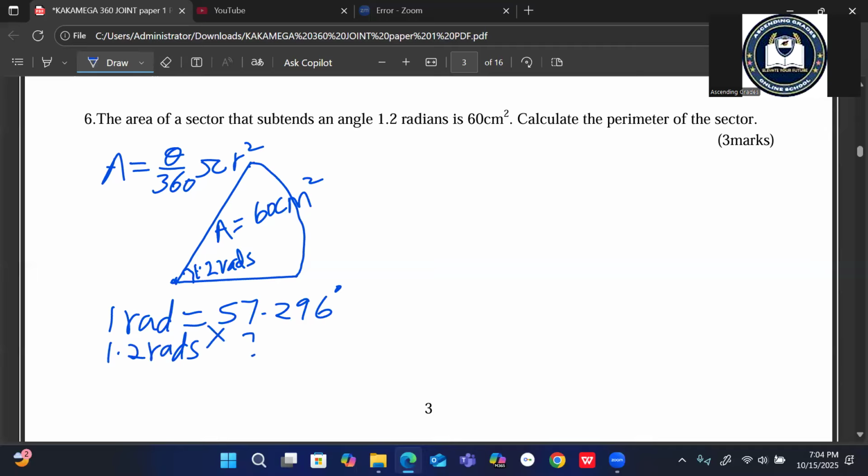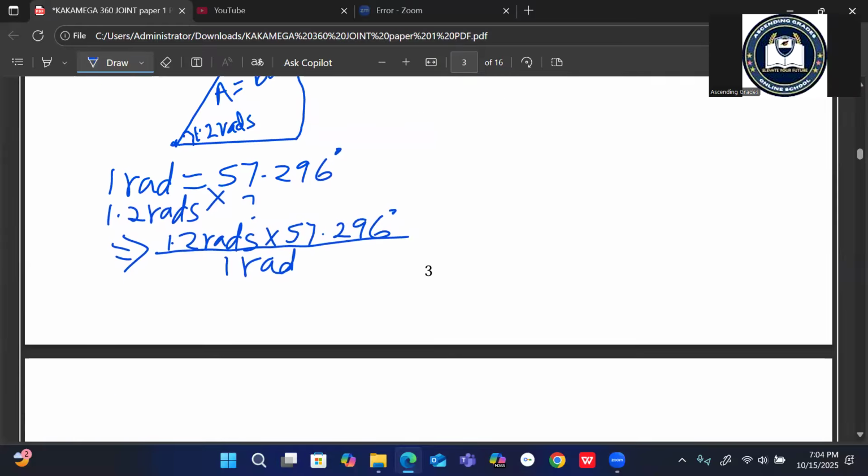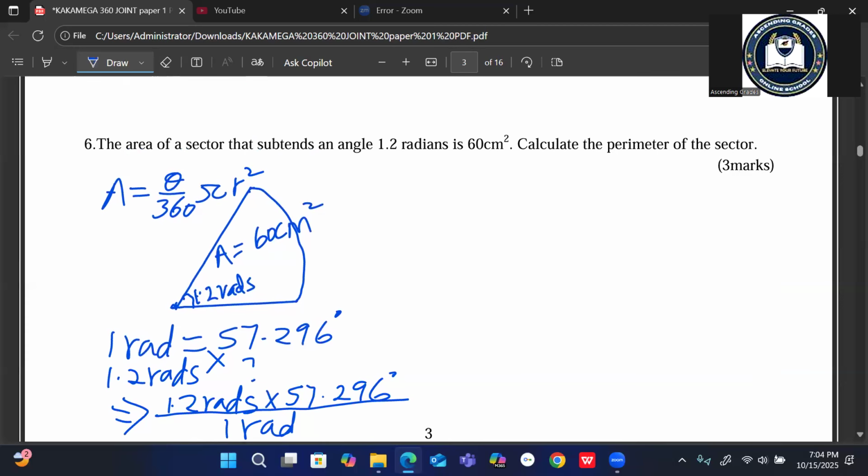We multiply 1.2 radians by 57.296 degrees out of 1 radian, and you'll get 68.76 degrees.